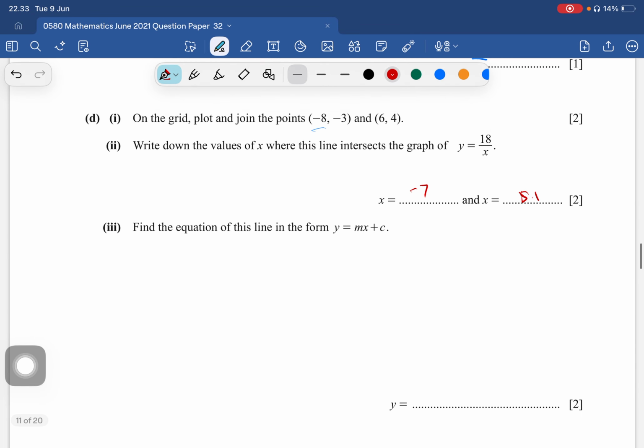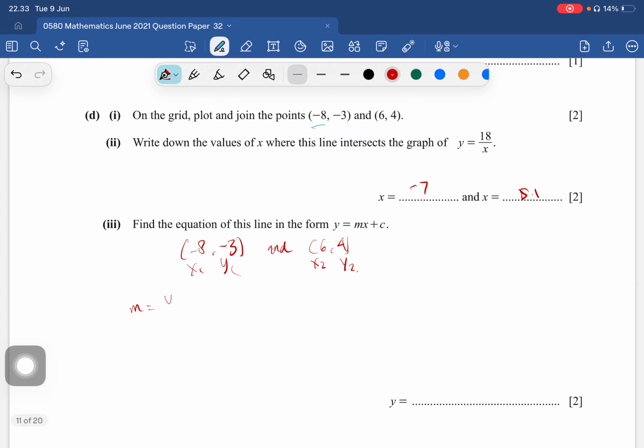Find the equation of this line in the form y equals mx plus c. We got two points, negative 8, negative 3 and 6, 4. So this is x1, x2, y1 and y2. Let's find the gradient: y2 minus y1 divided by x2 minus x1.